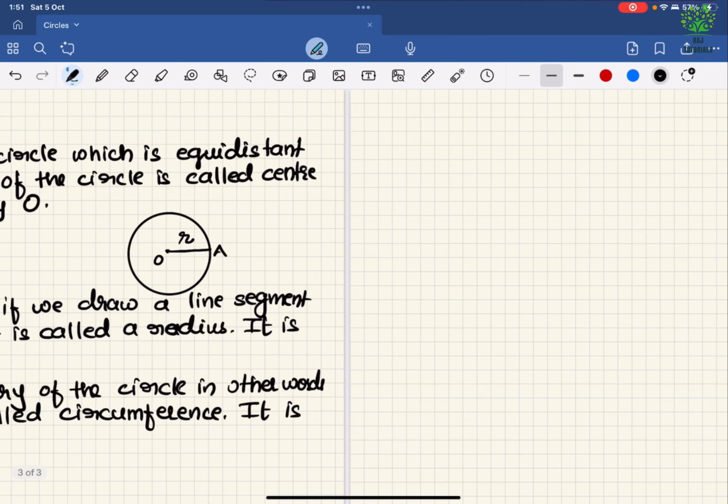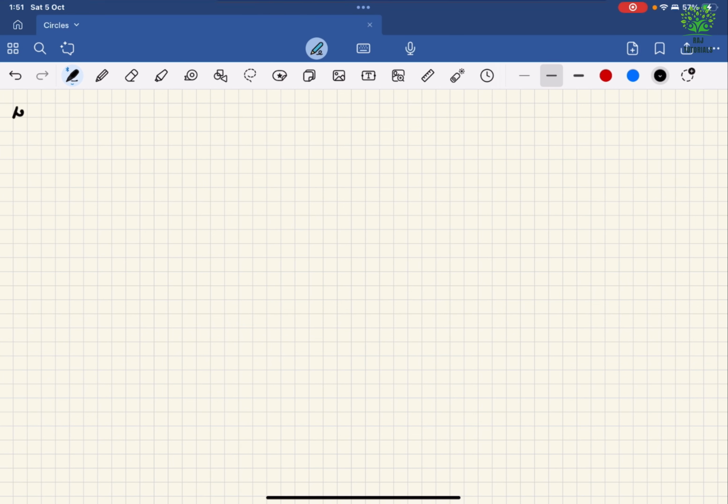Now moving forward, the fourth definition says diameter.